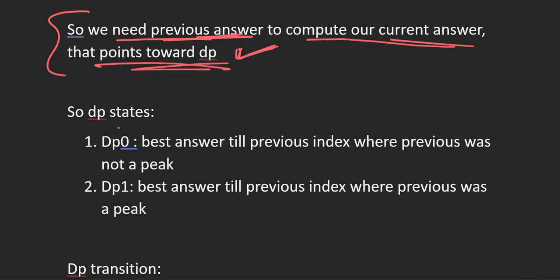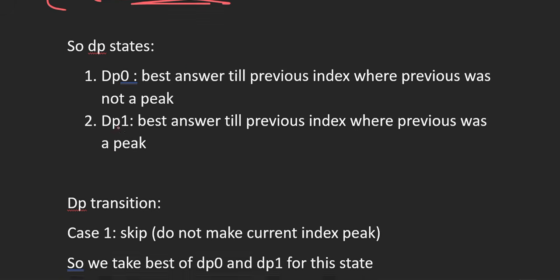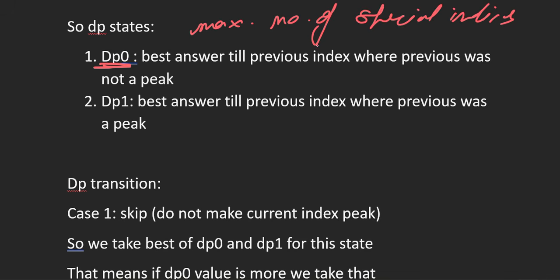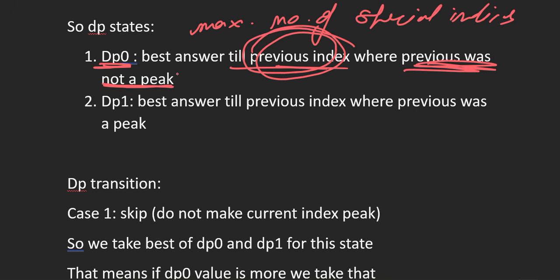So what can be our DP states? Our DP states will use two variables. DP0 will tell us the maximum number of special indexes, or maximum number of peaks, till the previous index where the previous index was not a peak, right? This is stored in DP0.